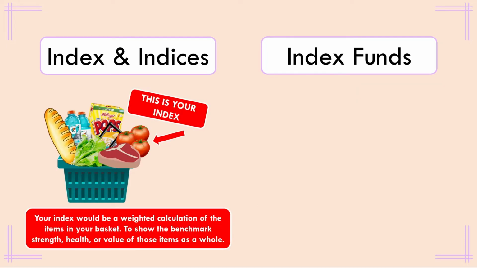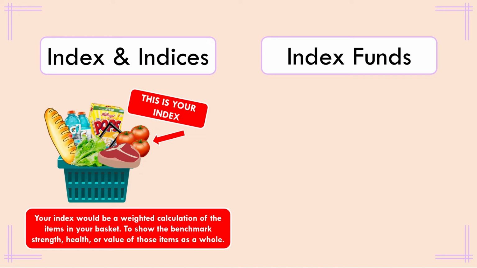A more basic example, and this one relates back to the beginner example we had of what an index was in the previous video, with our company ABC and creating our revenue benchmarks. What I've done here on the left, we have our index or our indices, right? And we can think of these as our basket of goods. So when we go shopping, let's say we get all these products, and each of these products represents a different company.